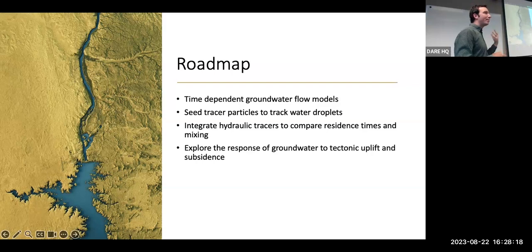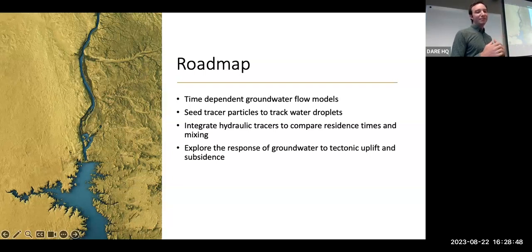Using that, we can much more accurately constrain the residence times of groundwater flow within different aquifers. But we can also look at the mingling and mixing of different groundwaters within an aquifer system. And then we can also integrate hydraulic tracers to compare the residence times and the mixing with isotopic tracers that people measure in groundwater.